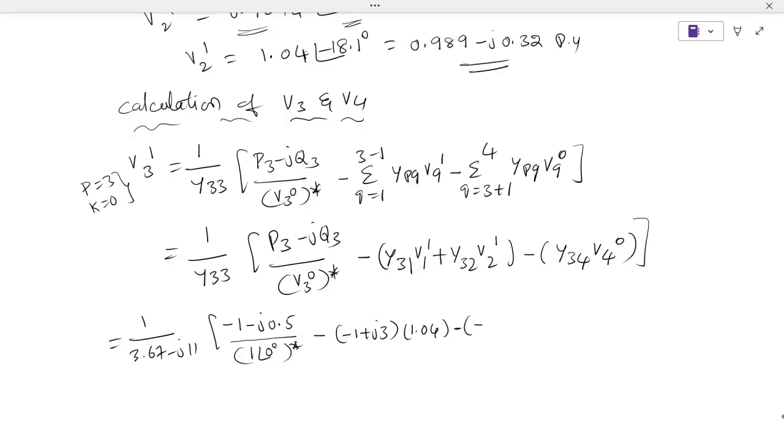Y32, that is minus 0.67 plus j2, into V21.